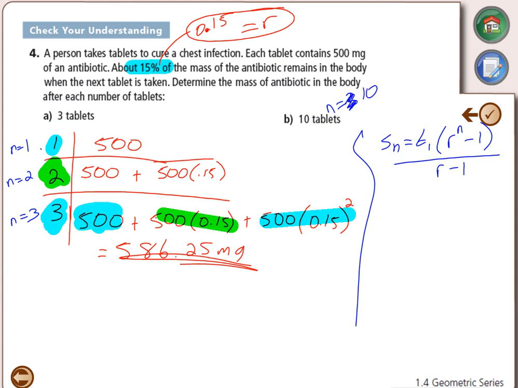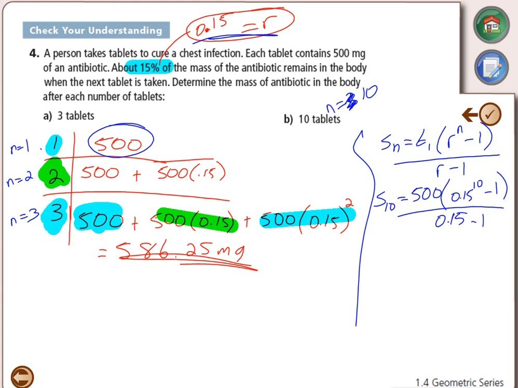There we go. T1, that's the 500. So we're looking for the S10 here. 500 bracket. Hey, my R value, we just identified that up there. 0.15 to the 10 minus 1 over 0.15 minus 1.